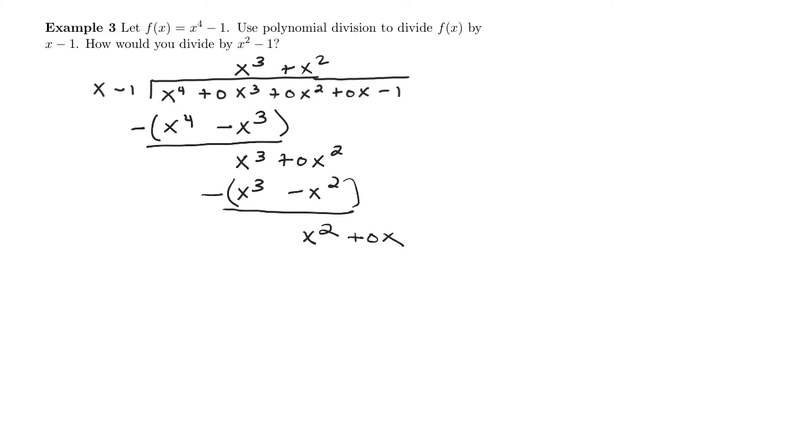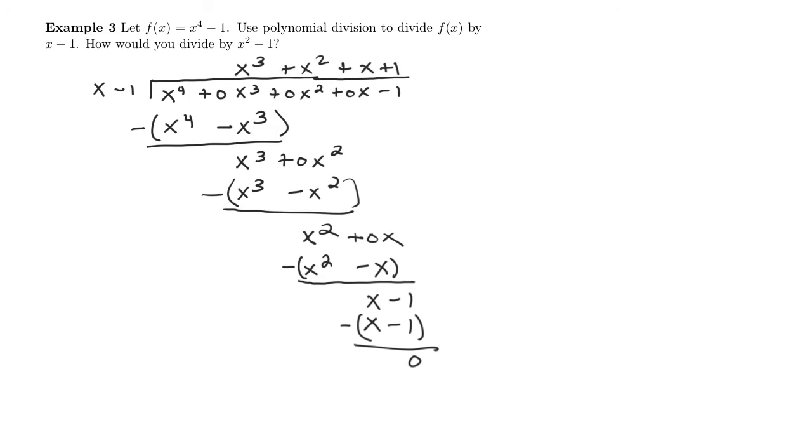Okay, I'll now put a plus 1x, which gives me x squared minus x. Taking the difference gives me an x minus 1, and what do you know? If I put plus 1 at the very end, you get x minus 1, and taking the difference gives me a remainder of 0. And that's it. So x minus 1 divides x to the fourth minus 1.